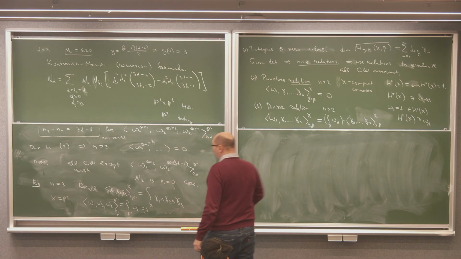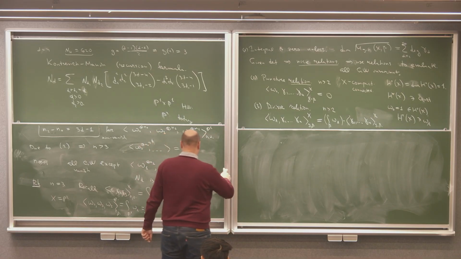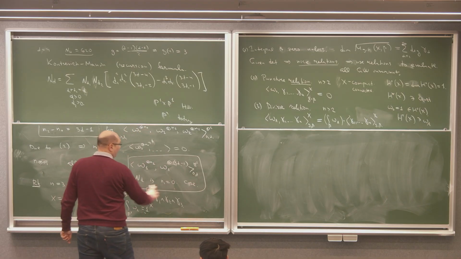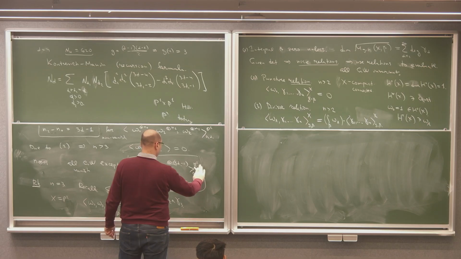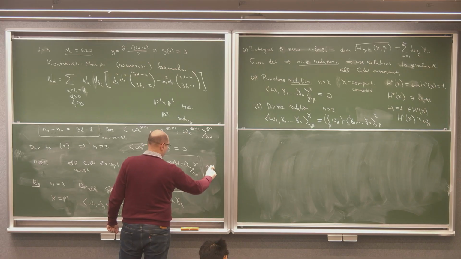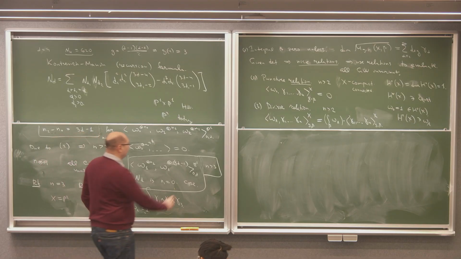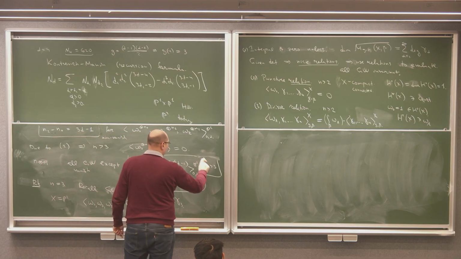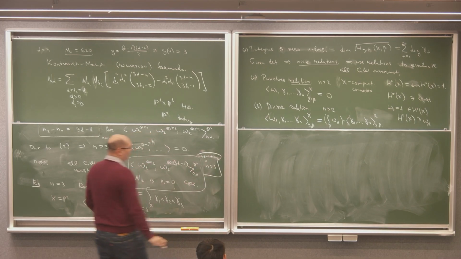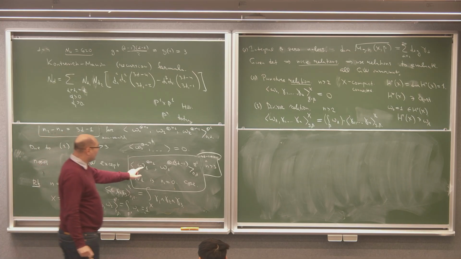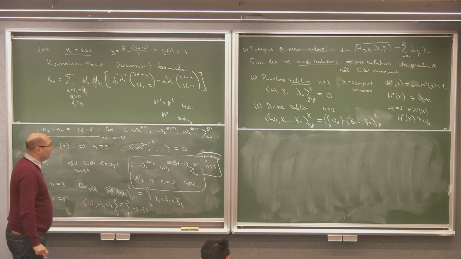So now we can further use the divisor relation. We have these invariants with n bigger than 3. So there are invariants which are not vanishing, but we can further simplify.